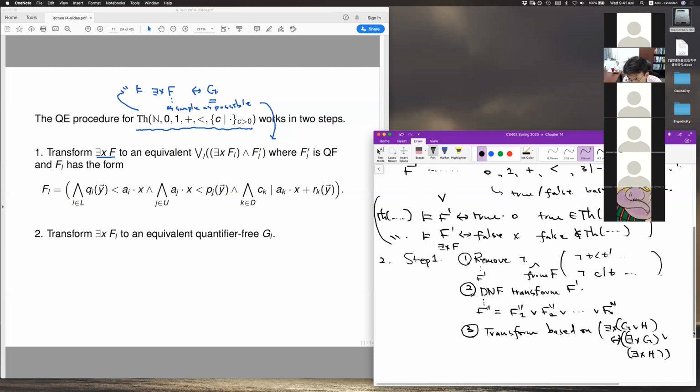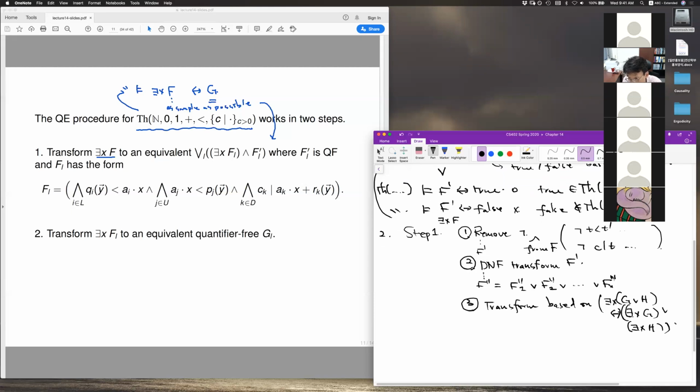This is always true. Existential quantification can be distributed over disjunctions without changing the meaning of the formula at all. If we apply this, we end up with exists x f1 double prime, exists x f2 double prime, and so on.